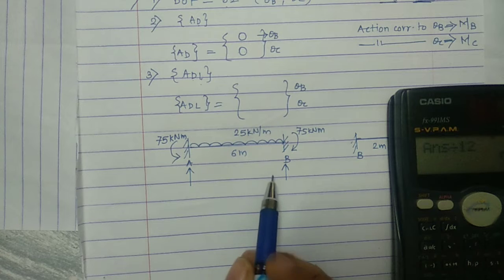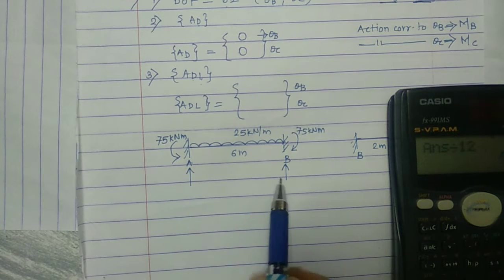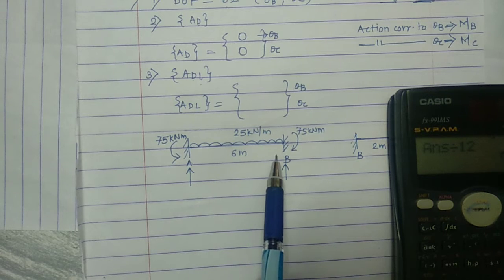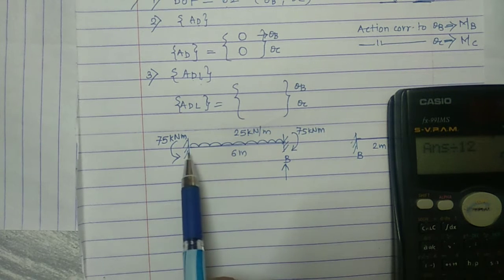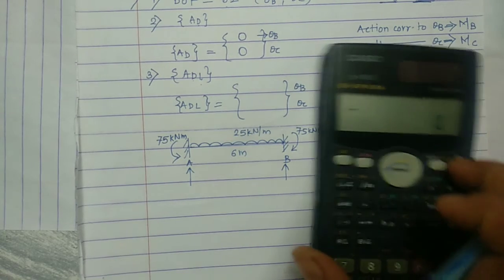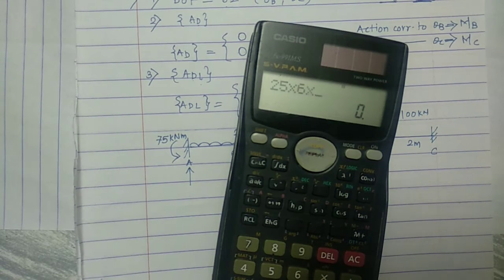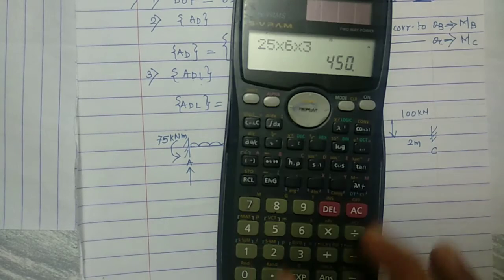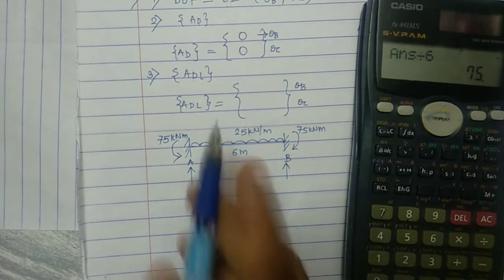Using those two equations you can calculate these reactions. The 75 minus 75 cancel each other. After that, take the moment of the 25 about this point, so 25 into 6 into the half distance 3 meter, and the moment of RB into 6. So this divided by 6 gives 75.